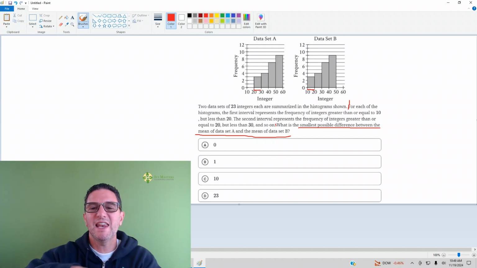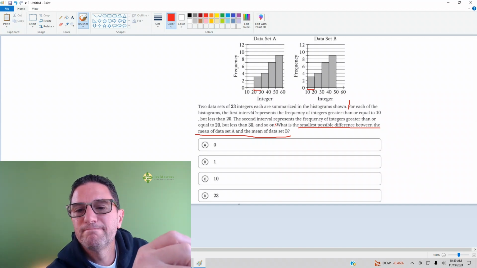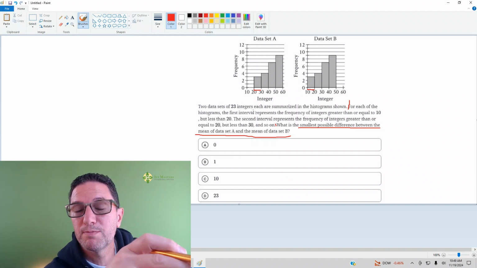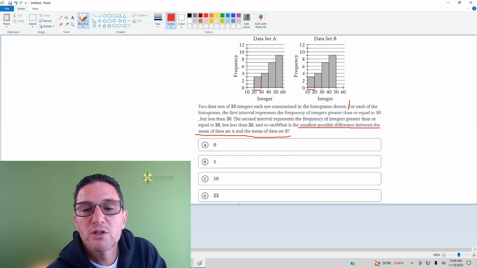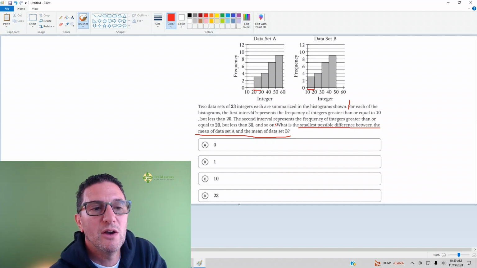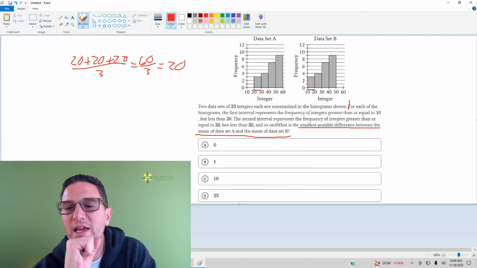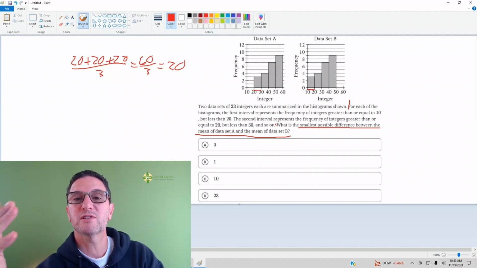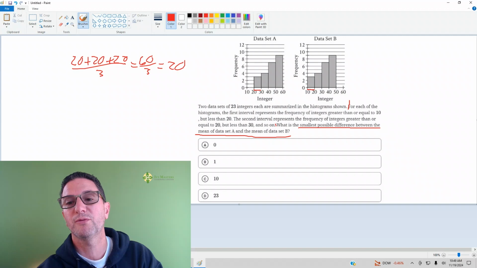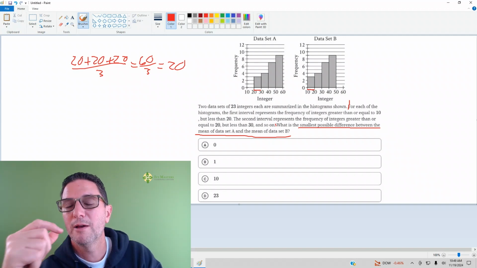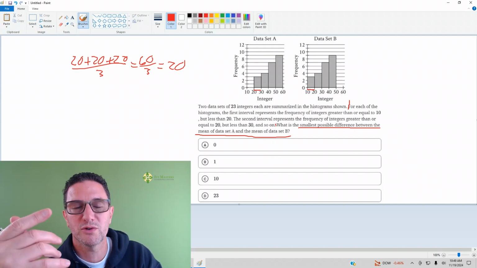For data set A, I could have three 20s, because I want to make those as small as possible since they're larger values. So if I took the mean of data set A, it would be 20 plus 20 plus 20 over 3, which is 60 over 3, which is 20. If we do the same for the first bar of data set B, we need the values to be as large as possible to have the smallest possible difference, since all the values in data set B are shifted to the left, or smaller.